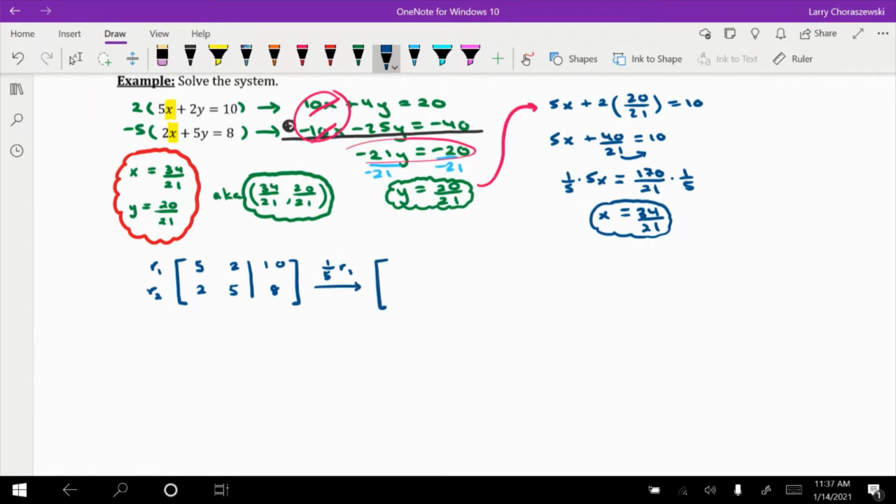Now what's going to happen here is we're going to multiply 1/5 to all of the entries that are part of row 1. Okay, so 1/5 times 5 is 1, 1/5 times 2 is 2/5, and 1/5 times 10 is 2. I didn't do anything with row 2, so I'll just jot it back down as is.